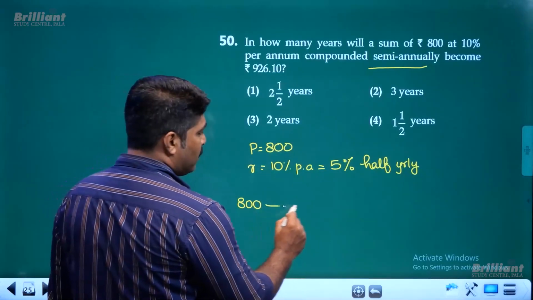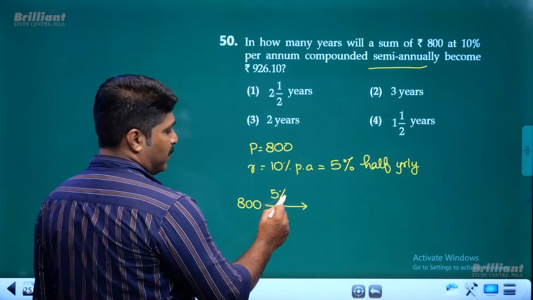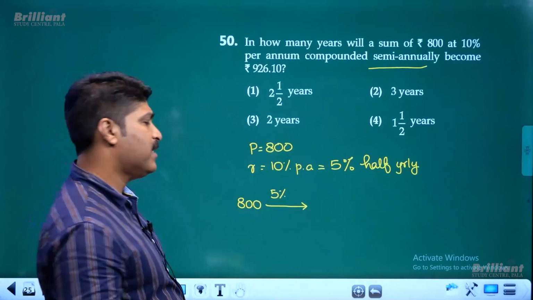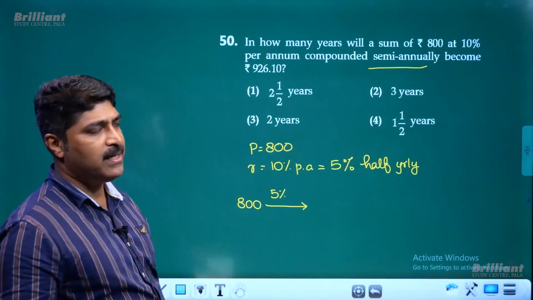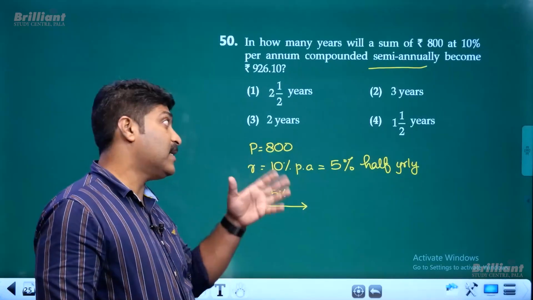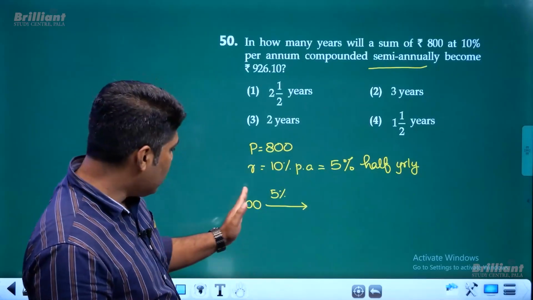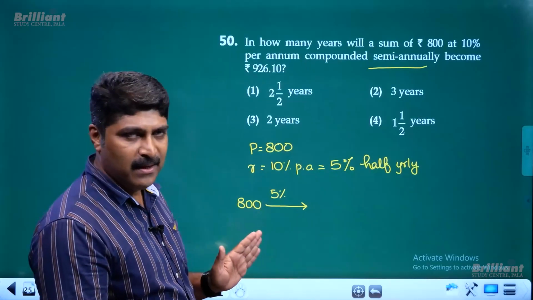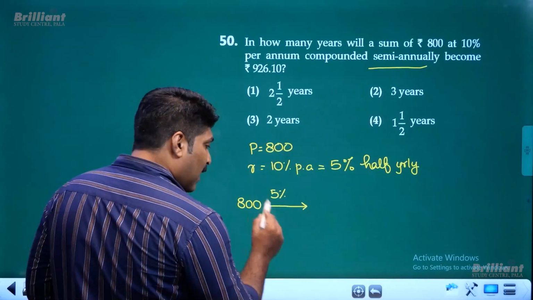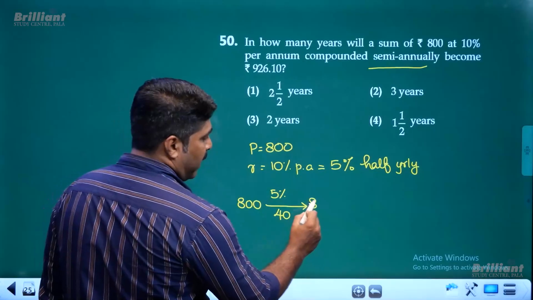In the first half year, it's increased by 5%. What is 5% of 800? If you are strong enough in such calculations, you can reach the answer easily. 10% of 800 is 80, and 5% of 800 is half of that, that is 40. So therefore, this becomes 840.